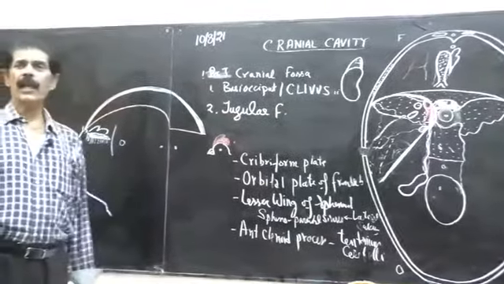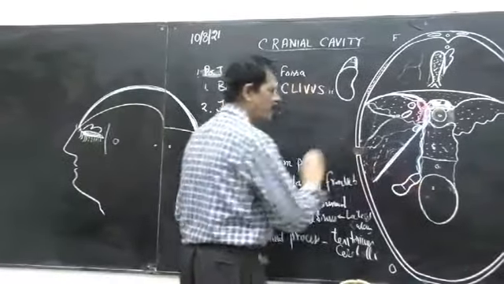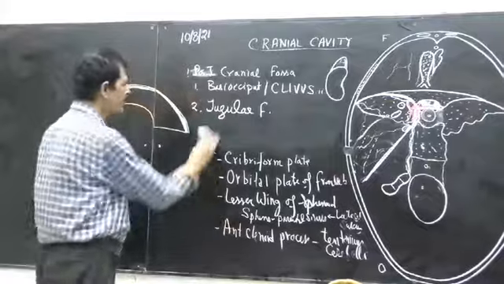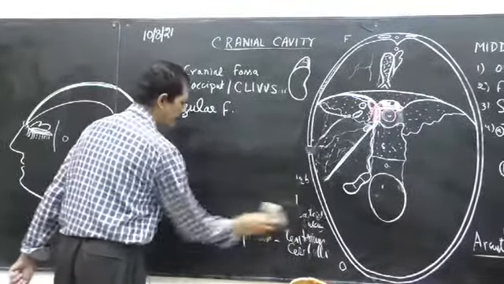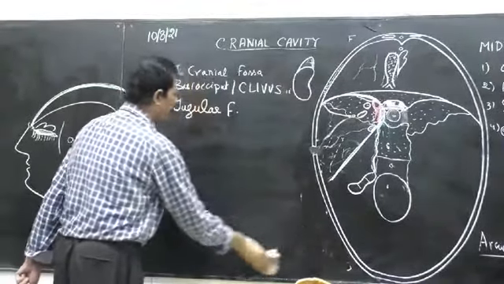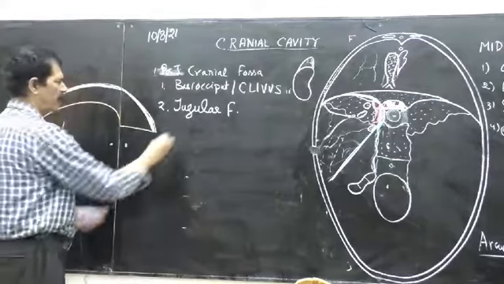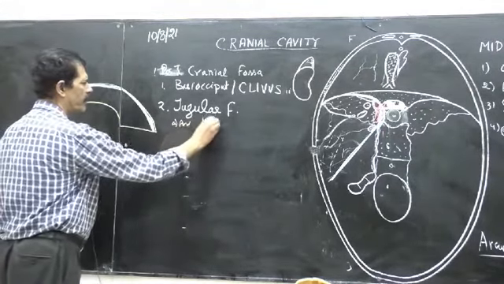Remember, the jugular foramen has three parts: anterior, middle and posterior. Different structures pass through them, that you have to remember. In the anterior part passes the inferior petrosal sinus.